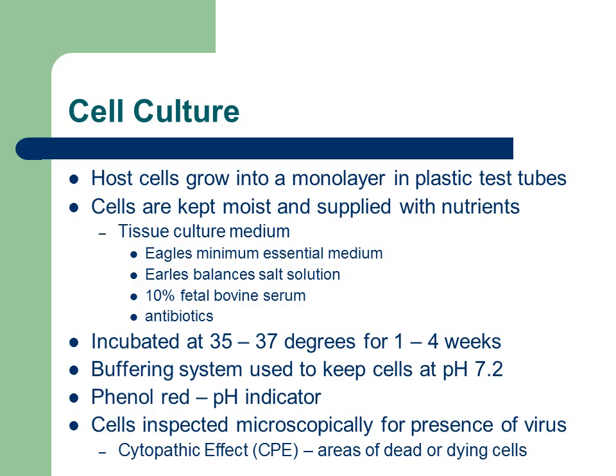So for cell culture, you can purchase specific types of cells from companies like ATCC, the American Type Culture Collection, and you can grow them in special tissue culture flasks with media. So it's sort of like a broth that you would grow bacteria in, but it's different types of nutrients.